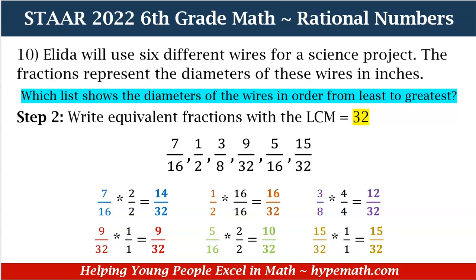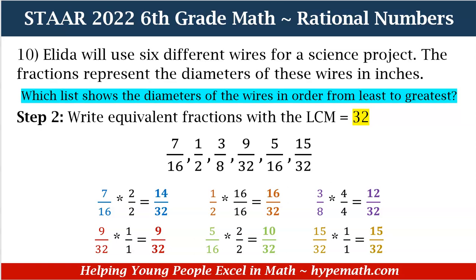Let's start with 7 over 16. In order to get the equivalent fraction, what I need to ask myself is, what times 16 is equal to 32? 16 times 2 is equal to 32. Whatever we multiply at the bottom, we also must do at the top.